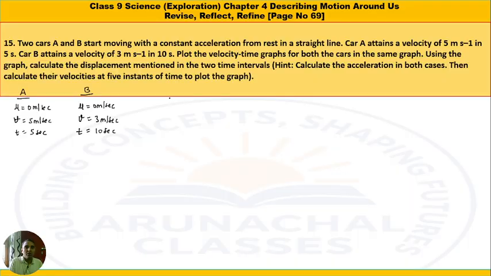We need to plot the VT graph for both the cars, for car A and for car B, and using the graph we need to calculate the displacement in both the cases.